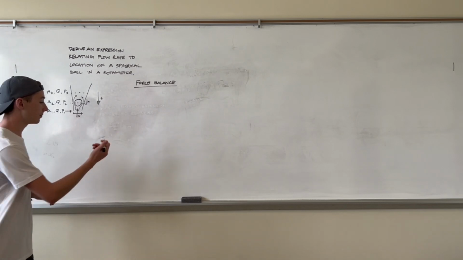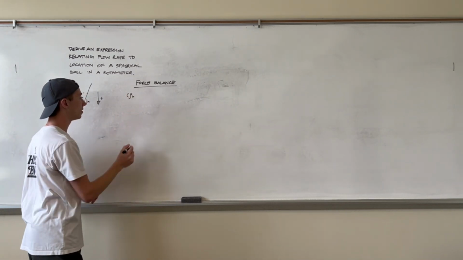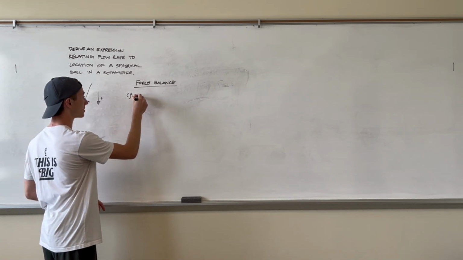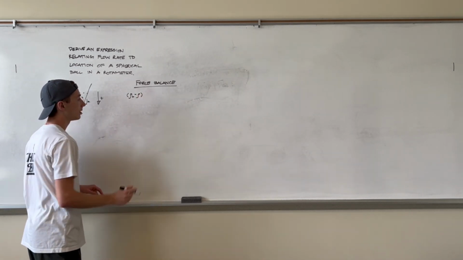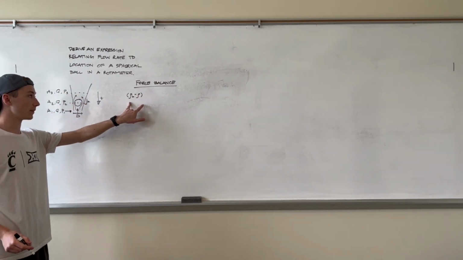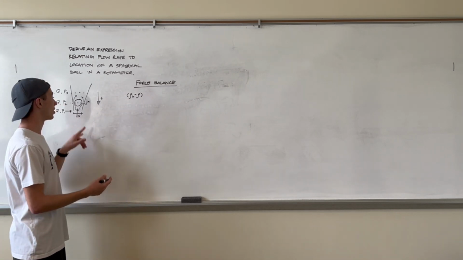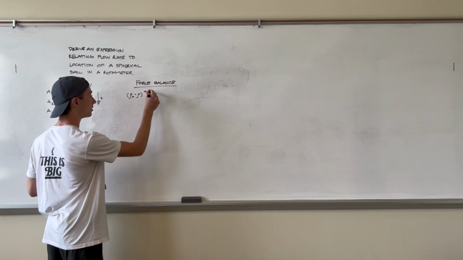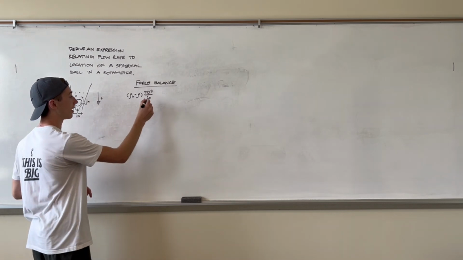So we have the density of the ball, which I'll designate rho sub B, minus the density of the fluid, just rho. To get a force, we multiply by the volume of the spherical ball, which is pi d cubed over 6, times the acceleration due to gravity.